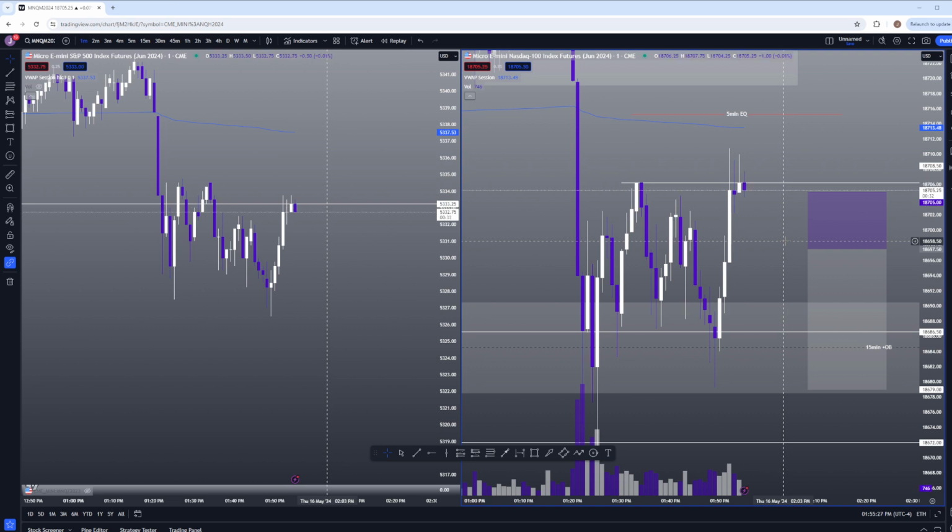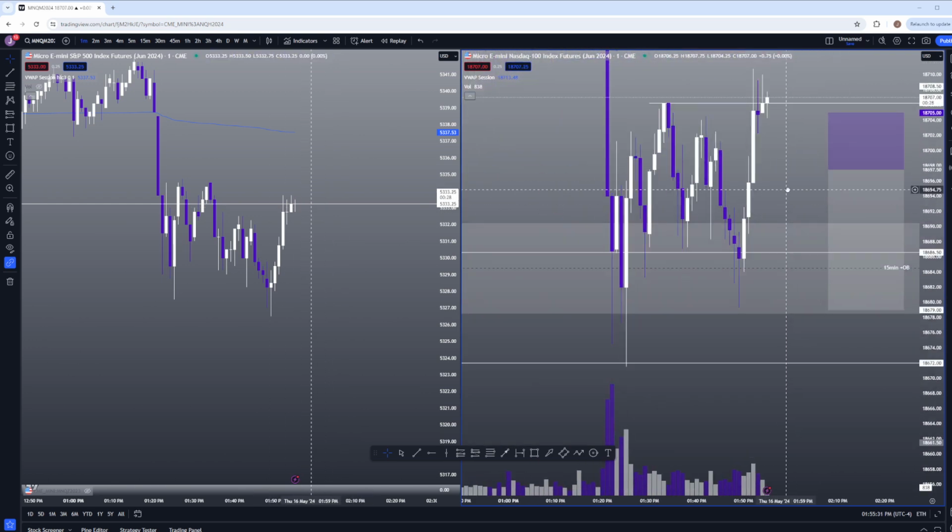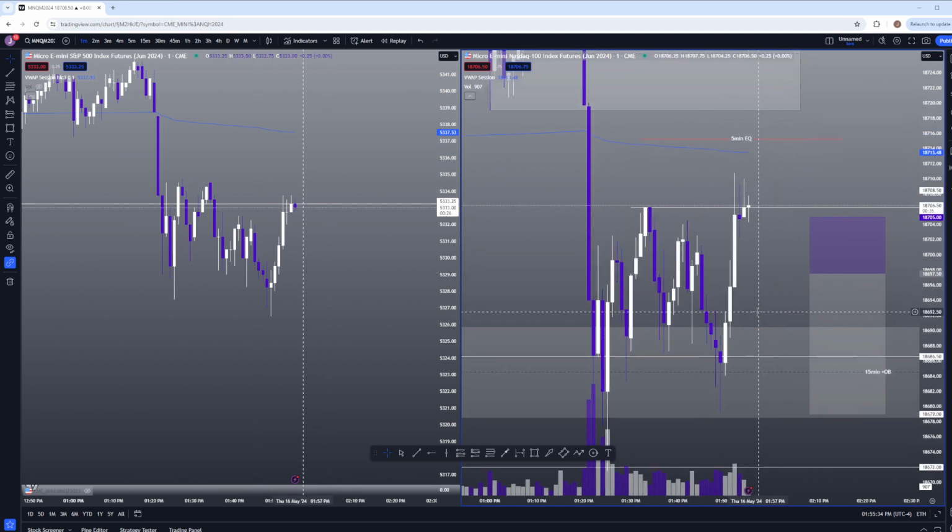I'm just not loving this price action so far during this session. I don't know about you guys. I don't know if you guys are taking any trades, if you guys are liking it, but personally, I'm not liking it right now. Personally, I'd rather wait.